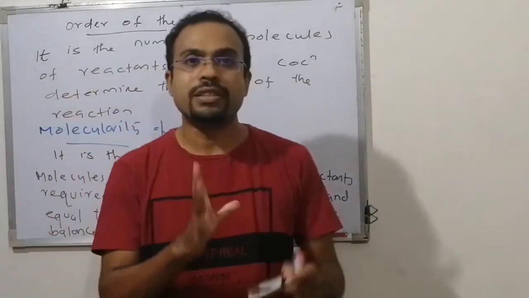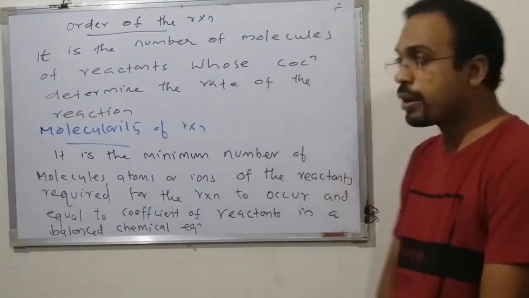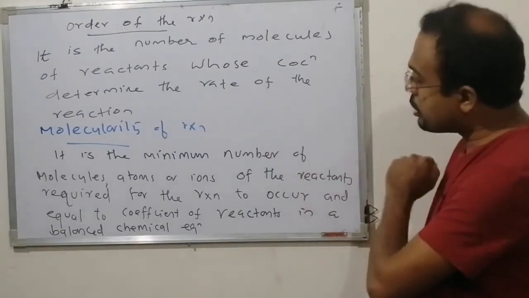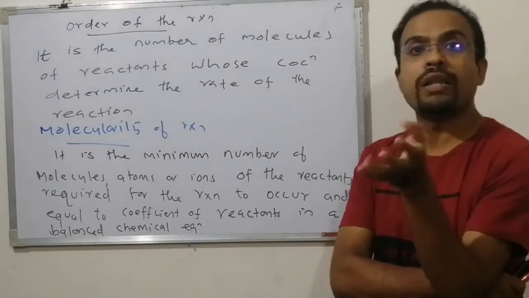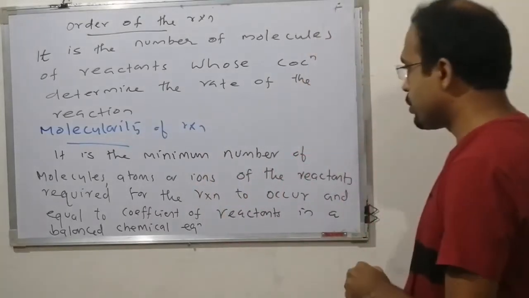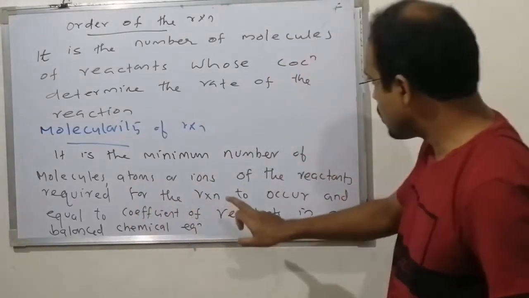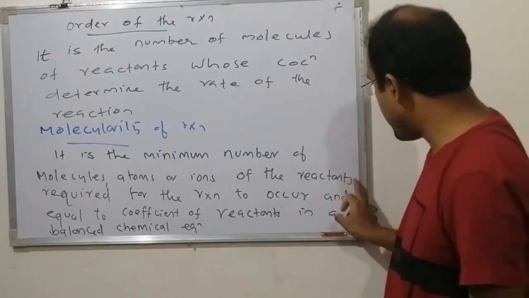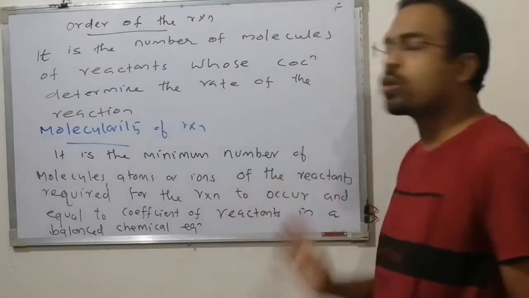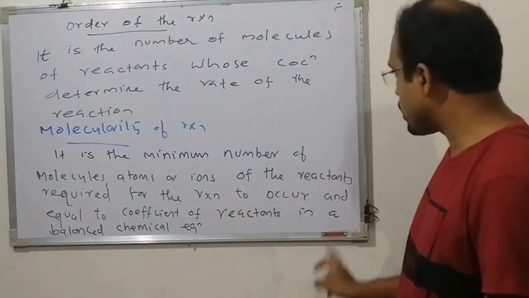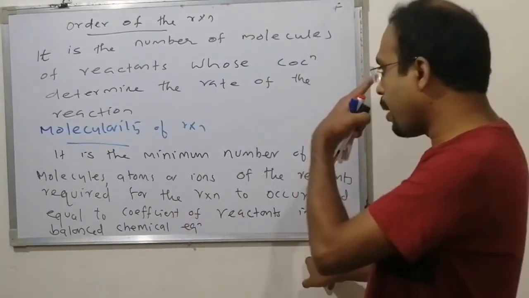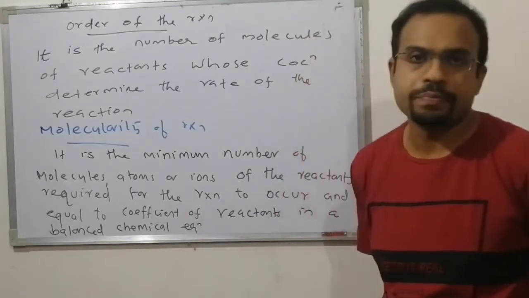It is a complete definition. Don't feel it is lengthy and boring. I have taken this definition because it includes all the aspects. It is the minimum number of molecules or atoms or ions of the reactants required for the reaction to occur and equal to the coefficient of reactants in a balanced chemical equation.